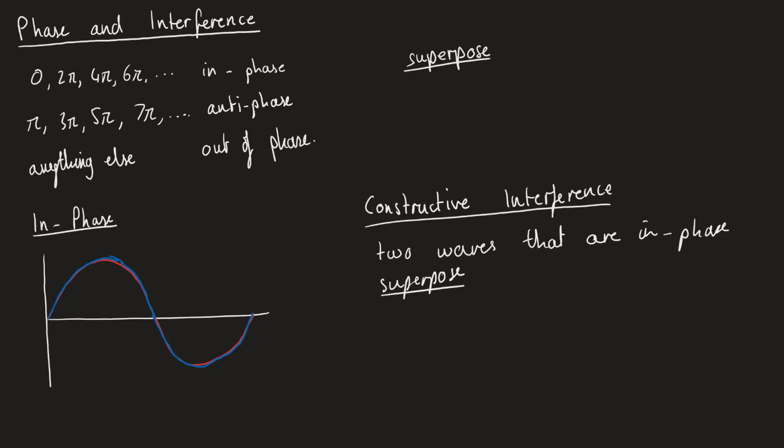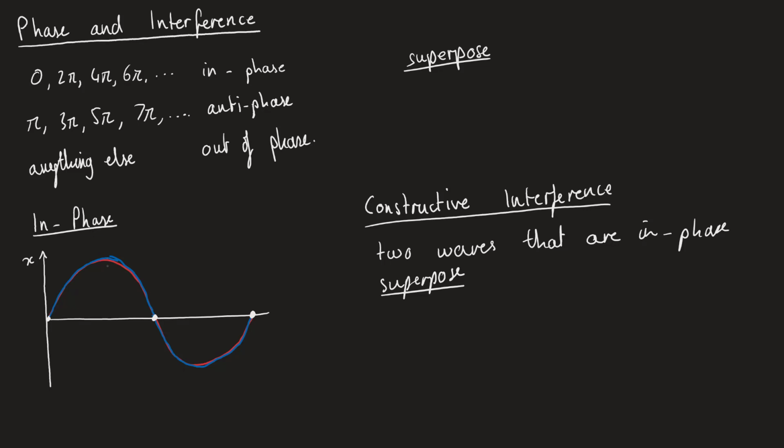This resultant wave I'm going to draw in white, and what's going to happen is we essentially add all of their displacements, all of their y values. So if I have this point here where they're both 0, 0 plus 0 still gives 0. So this point doesn't change. This also means that this point isn't going to change, and neither is this point.